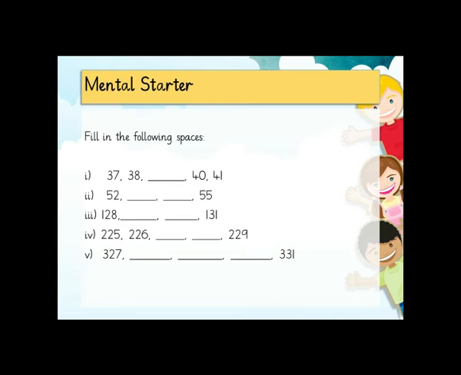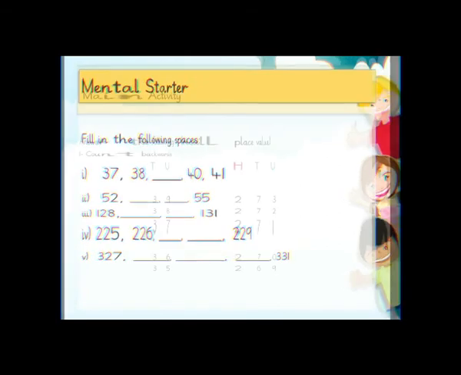Then number 4, 225, 226 and then comes 227, 228 and then 229. For the last part, 327 and then comes 328, 329, 330 and 331. I hope your answers have matched. Good job.